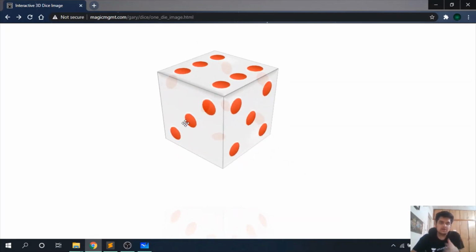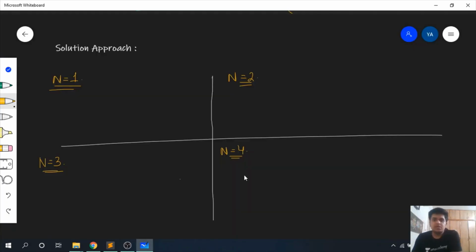So now let us get to the solution approach. Starting with the solution approach, we will go case by case, as this is a casework problem. So for n equal to 1, we will see what the answer will be. There will just be one dice, and we will see the top view of the dice. So here we can place 6 at the bottom, as then 1 will be the only covered surface.